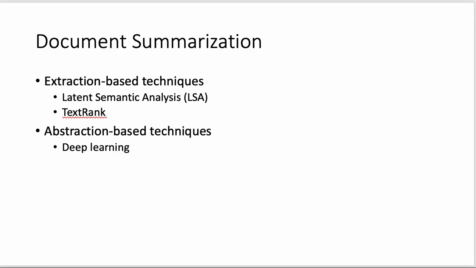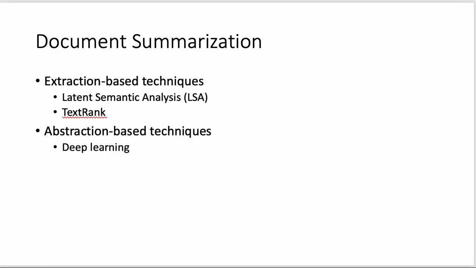The end result from the extraction-based techniques is a shorter executive summary of a couple of lines extracted from the original document. Note that here, no new content is generated in this technique. So the name is extraction-based. That's why. The extraction-based techniques include LSA and TextRank, which I'll explain in more detail later in the code demo.